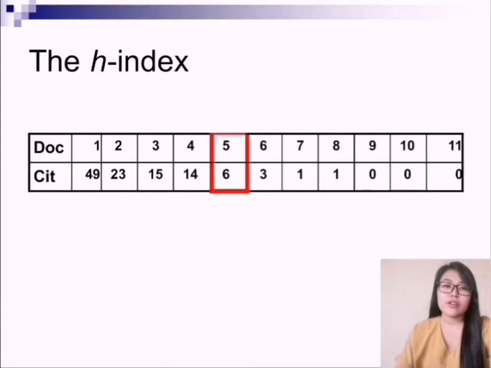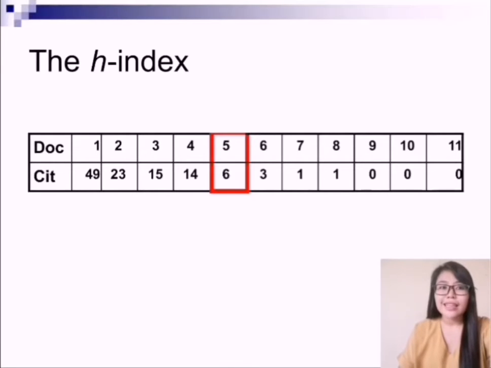As you can observe, papers 1, 2, 3, 4, 5 received citations more than or equal to their paper number. Whereas papers 6, 7, 8, 9, 10 did not receive a higher or equal citation to the number of the published paper.